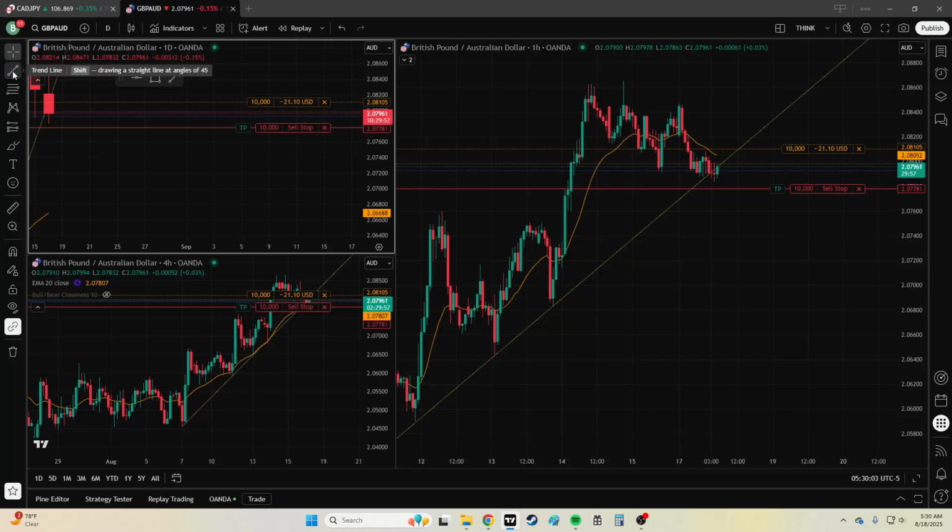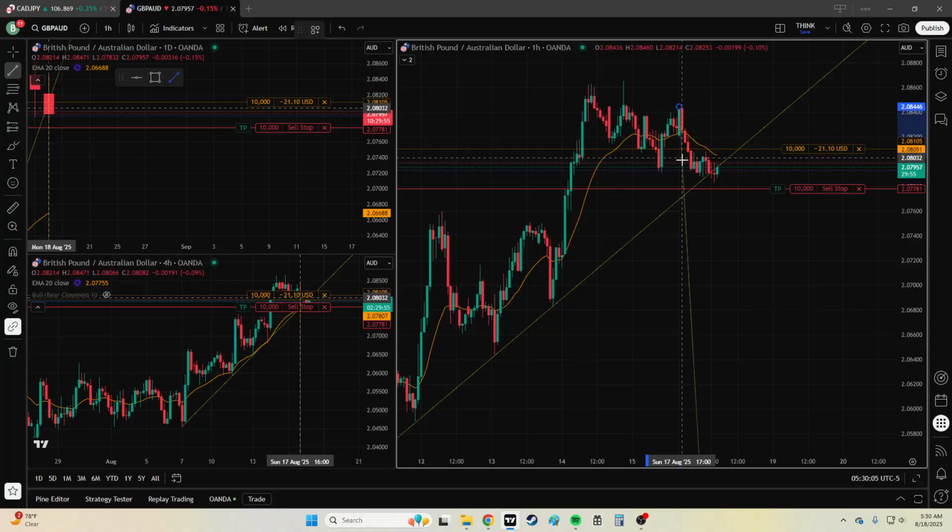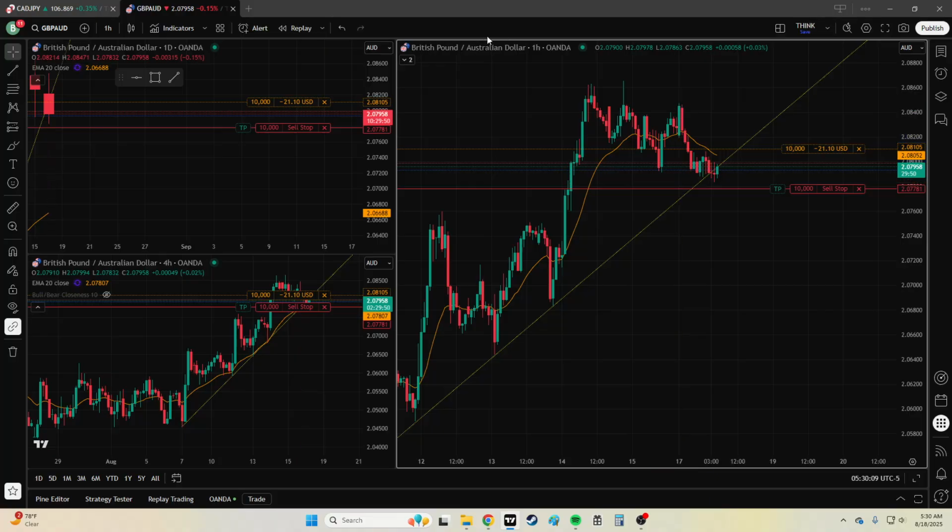Let's see if maybe I can put something in here. No, that's not going to work. A measured move of this leg just down to here, and then it might bounce back up again. So that's something I have to consider: if it breaks down, it might just be trying to come down to here to retest this breakout area, and it might need to go back up again.